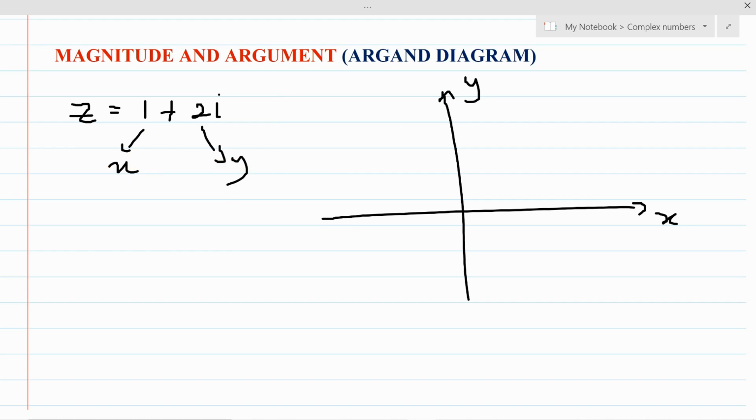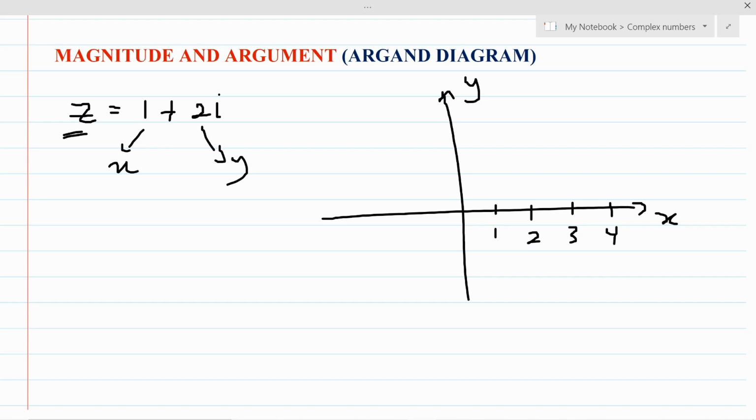So this will correspond to the x coordinates, and this will correspond to the y coordinates. If I want to plot this complex number z on this Argand diagram, I have to locate it on the x-axis, so I have to calibrate it. In the calibration I have 1, 2, 3, 4, and the rest.